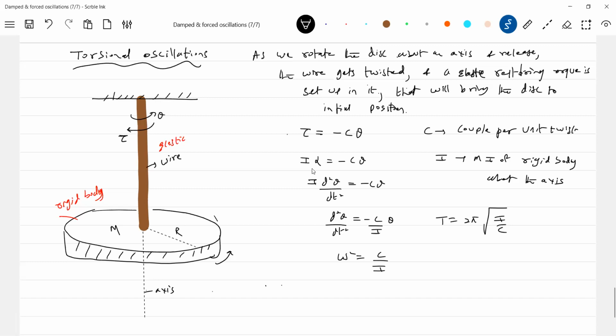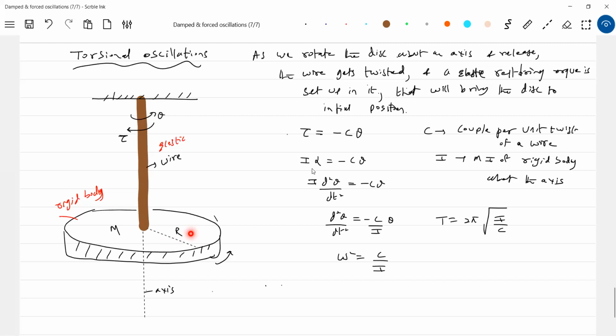What is couple per unit twist of a wire? It is not of a rigid body. For different wires, the value of C will be different, and that will be given for us. We need not bother about that. So it will be oscillating. How will the motion of the disc be?